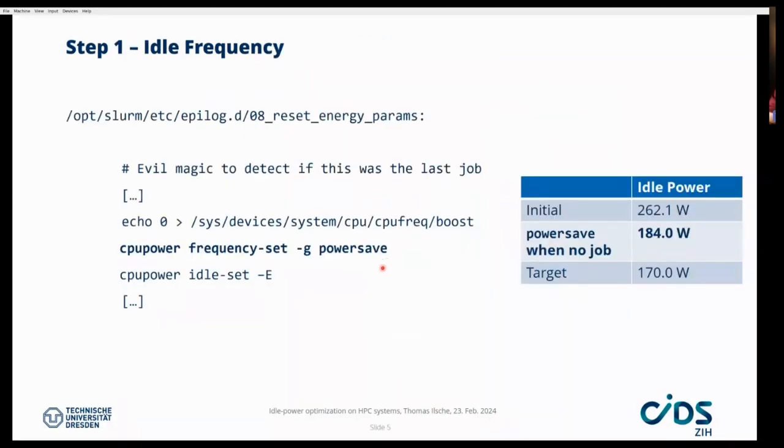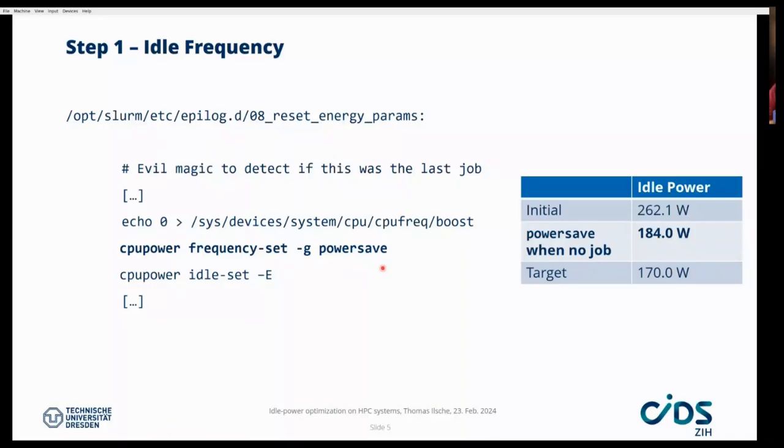So the first step was a very simple fix to basically have a Slurm epilogue script that sets the frequency to power save. It also enables all idle states, but that is not really relevant because they are enabled anyway. And this drastically reduces the power consumption when no job is executed on the node.